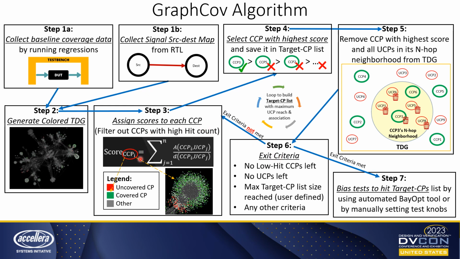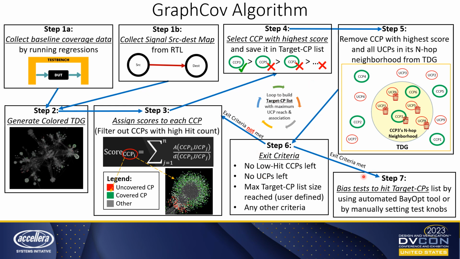If the exit criteria is not met, then we move to step 3 again, where we reassign scores to all the low hit CCPs on the pruned graph. Then we move to step 4, where we figure out the CCP with the highest score on the second round of GraphCov. We keep doing this process and keep building the target CP list until we hit the exit criteria.